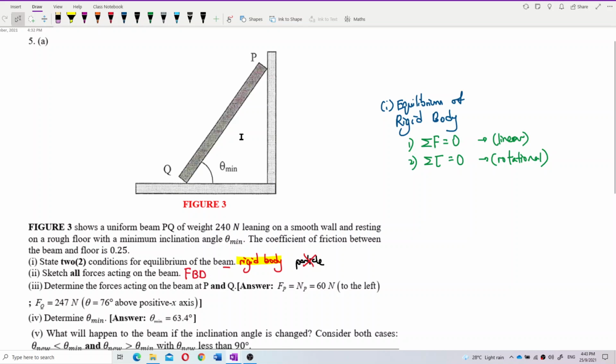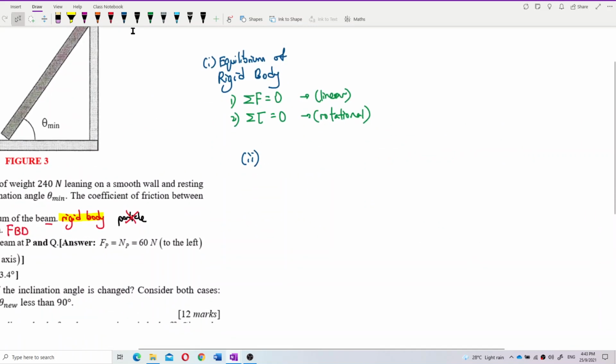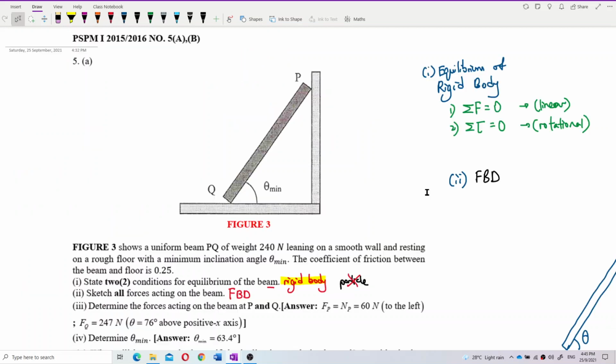Let's draw it. So question 2, how to draw? Let us look at what kind of forces exist on the rigid body.